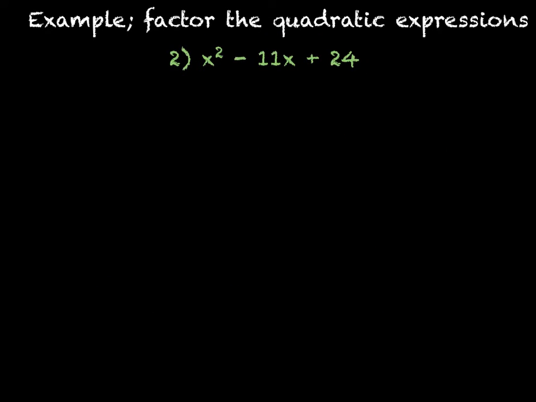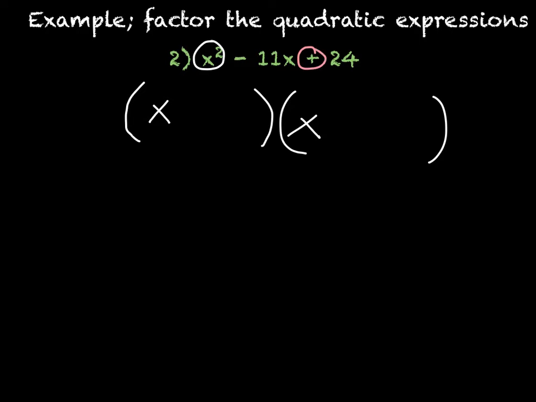So the next one we're going to do the same way. So I have to put things in parentheses, and since I have an x squared here, it's going to be x and x. And then I need to look at my second sign, and I have a plus, so they're both going to be the same, both going to be my first sign, which is a minus, so that means minus and minus.